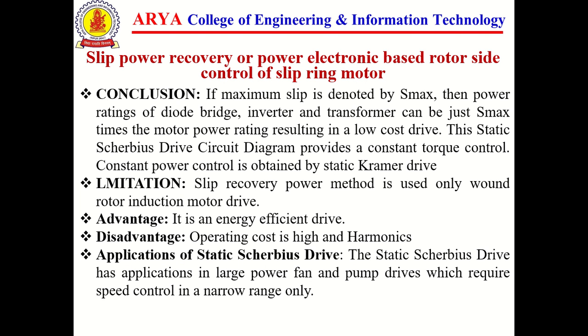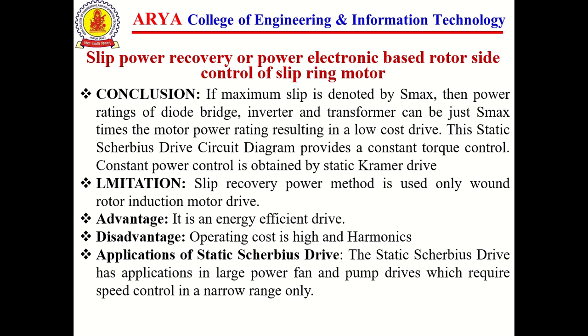In conclusion, if maximum slip is denoted by S max, then the power rating of the diode bridge rectifier, inverter and transformer, which are the three basic components of this drive, can be S max times the motor power rating, resulting in a low cost drive.